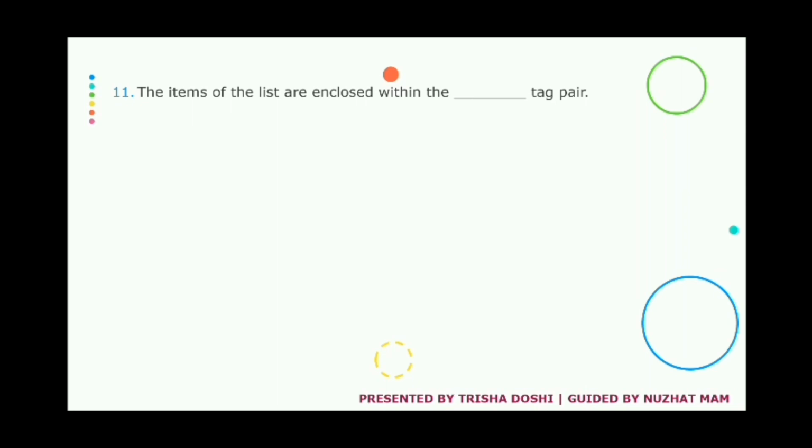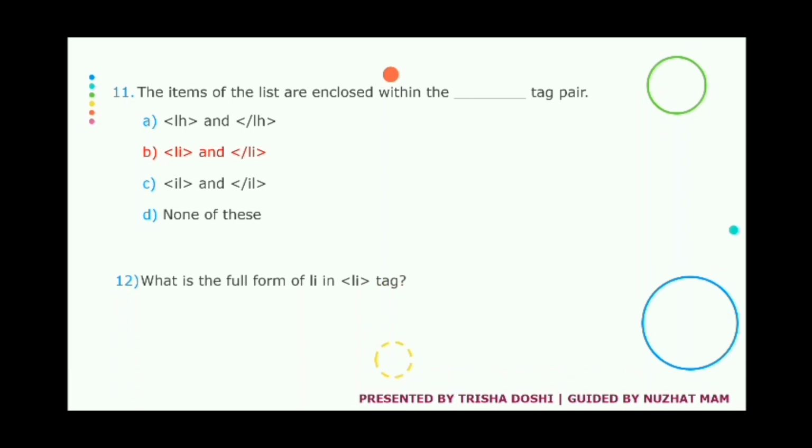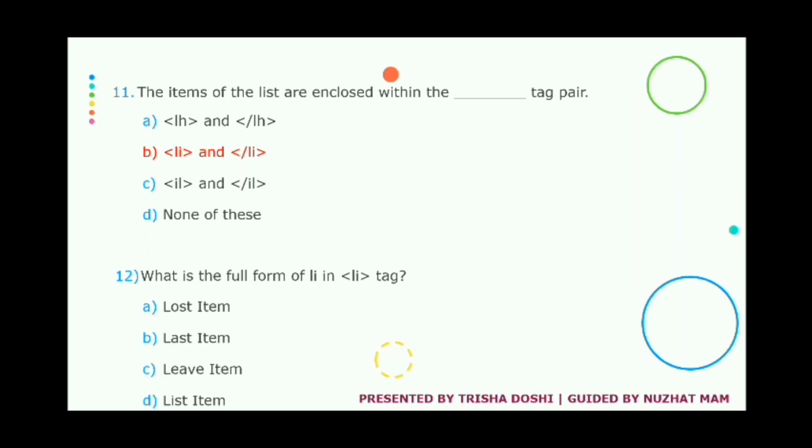The items of the list are enclosed within the dash tag pair. A. LH tag pair, B. LI tag pair, C. IL tag pair, D. None of this. The correct answer is B, LI tag pair. Question 12. What is the full form of LI in LI tag? A. Lost item, B. Last item, C. Leave item, D. List item. The correct answer is D, list item.